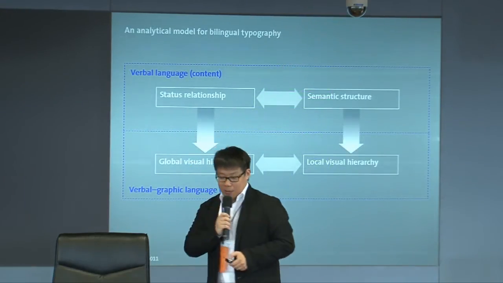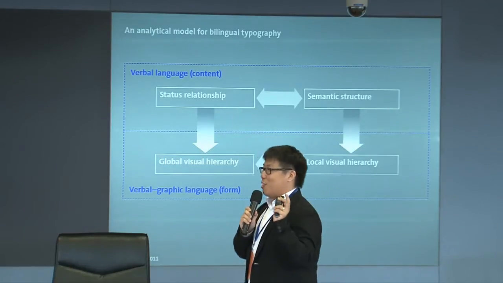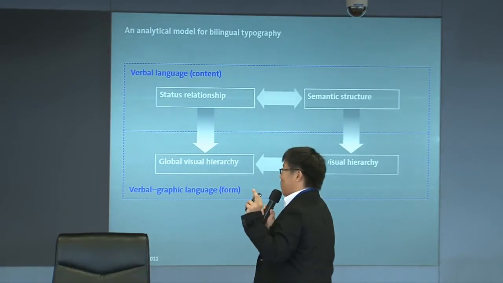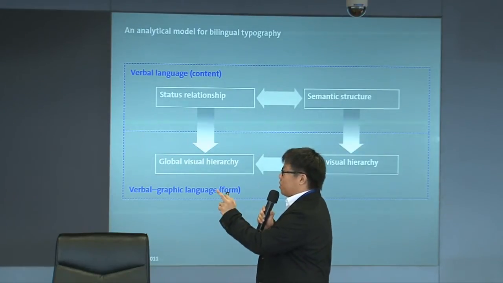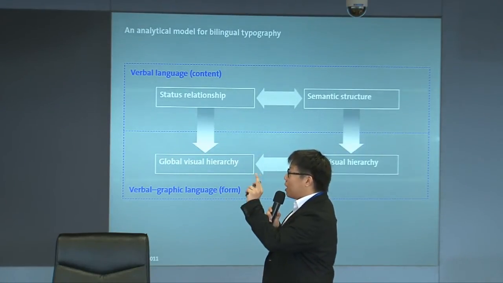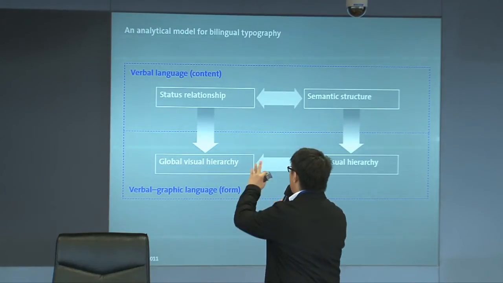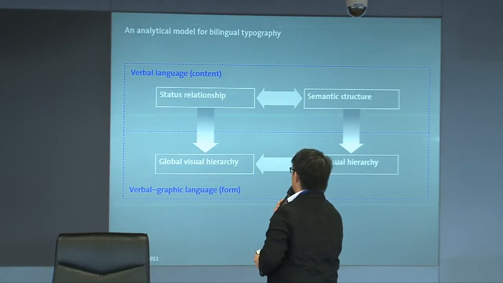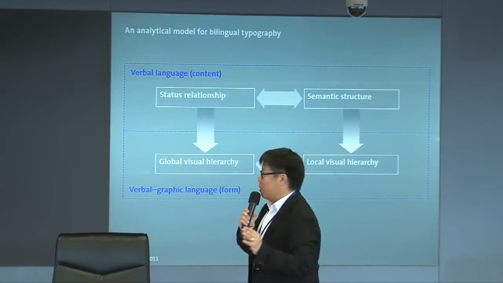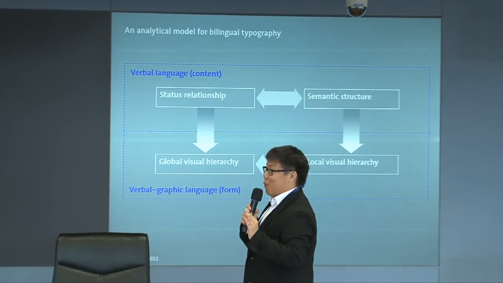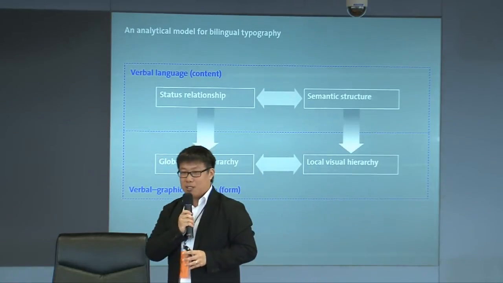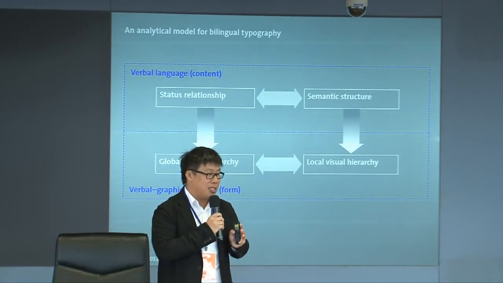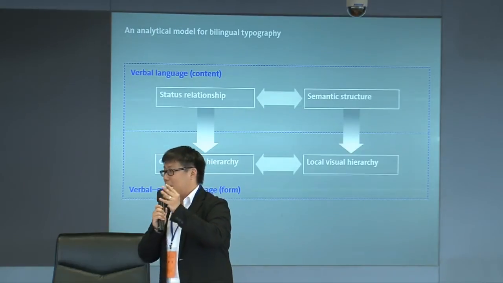So an analytical framework, sorry to bombard you with all these diagrams and ways of looking at things. So two levels, verbal graphic language and verbal language. We'll talk about the status relationship between the two, just from a purely content point of view, before the content has form. The semantic structure of the content, because the content has different parts to it, and they follow a particular logic.